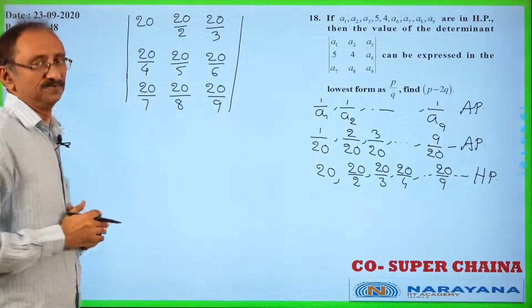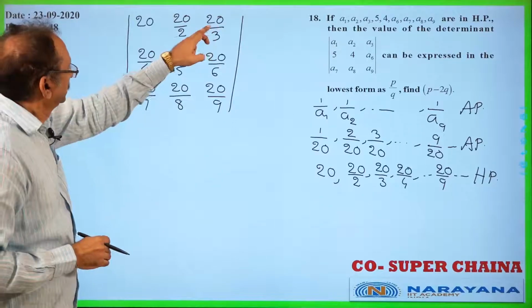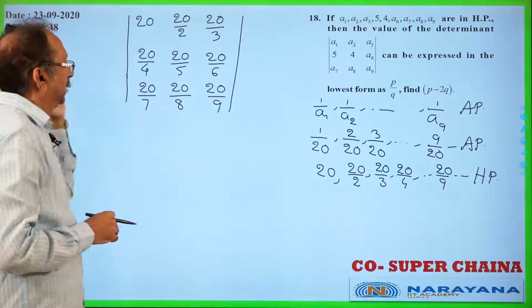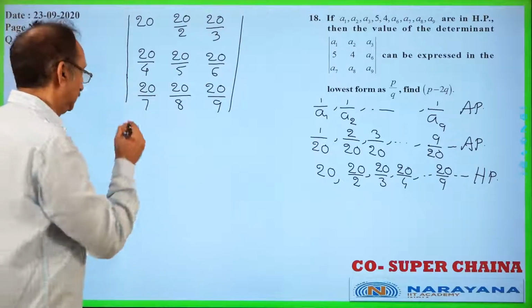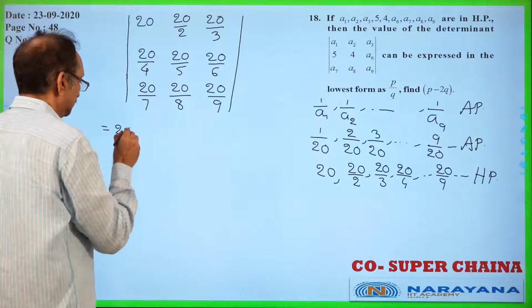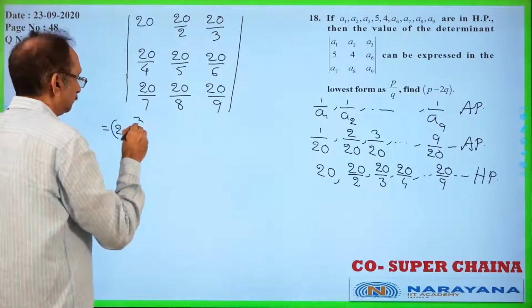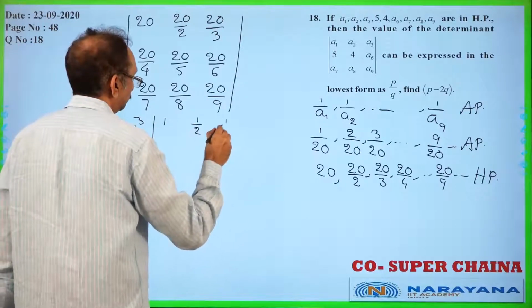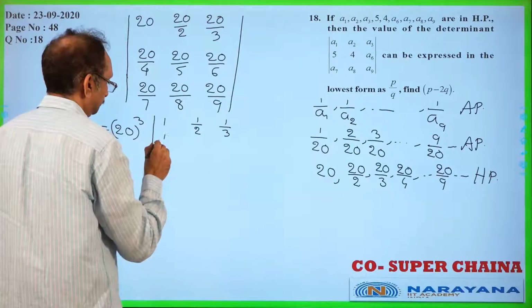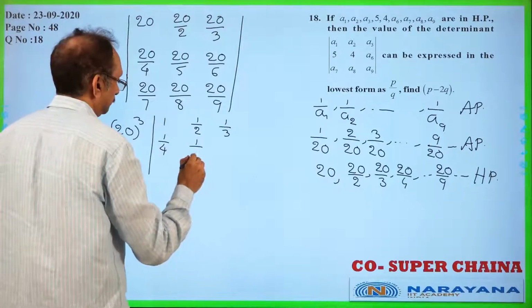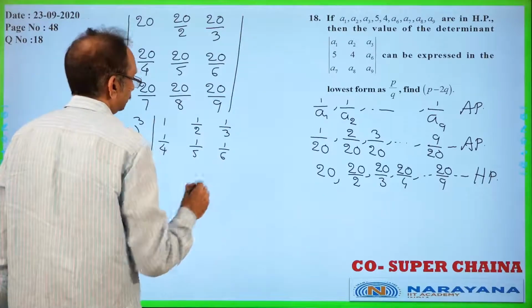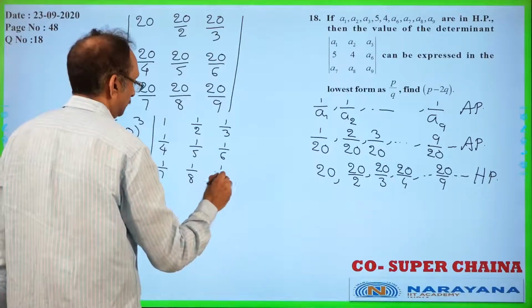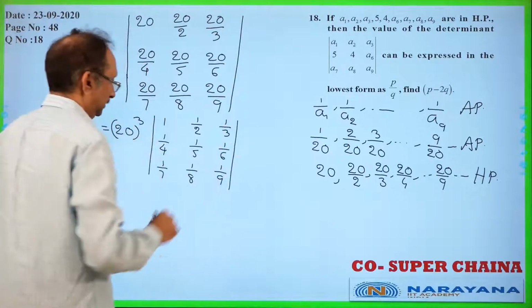Now, we have to simplify this and observe now in the first row I can take 20 common, in the second row again 20, third row also 20. Therefore, I can write this as 20 cube into 1, 1 by 2, 1 by 3, 1 by 4, 1 by 5, 1 by 7, 1 by 8 and 1 by 9.